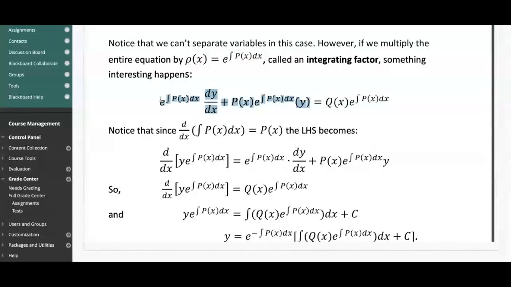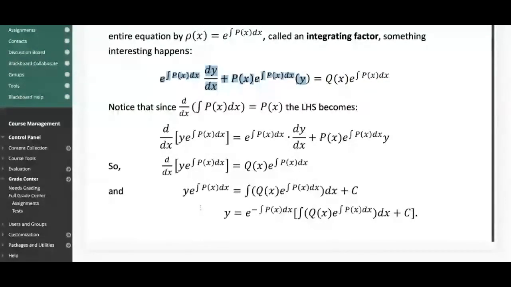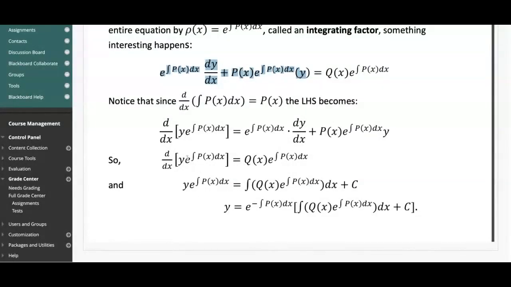The left-hand side is just the derivative of rho of x times y, since the integrating factor is our rho of x. That's exactly why we want to multiply by the integrating factor, because of such a fact.